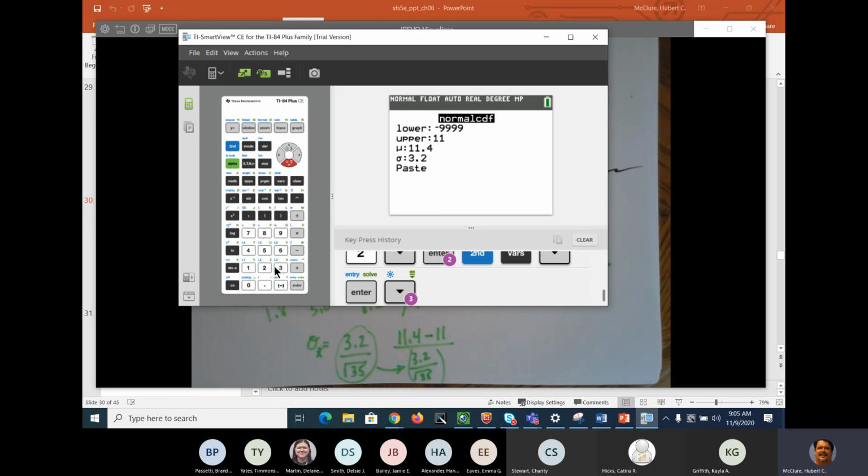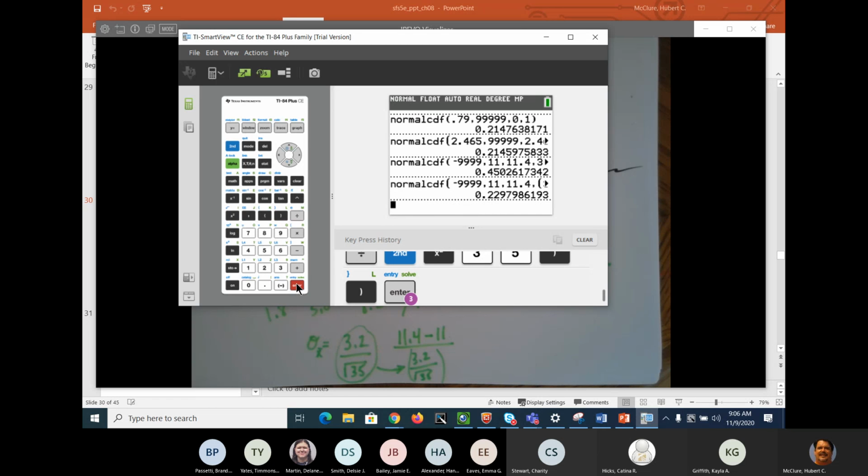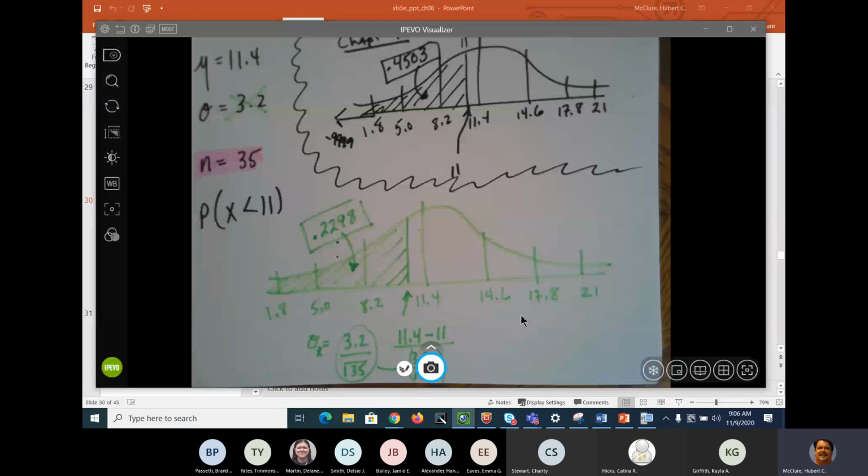So 3.2 parentheses divided by the square root of 35. 0.2298. So our new answer is 0.2298. And that's basically how you do 8.1.